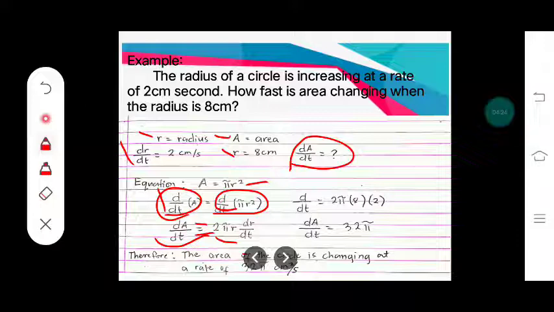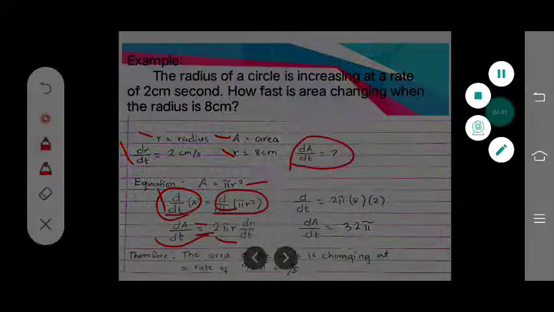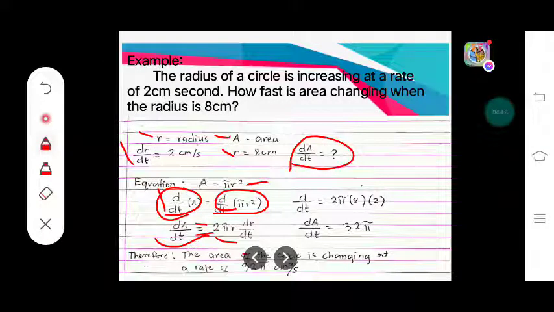Next, we have to solve for dA over dt. Now to get the value, we have to solve for this one. The next thing that you have to do is to substitute the known values.